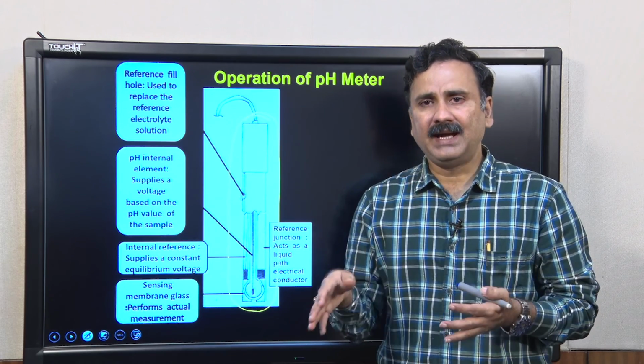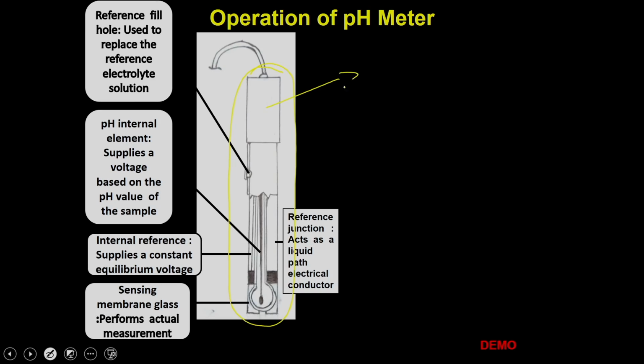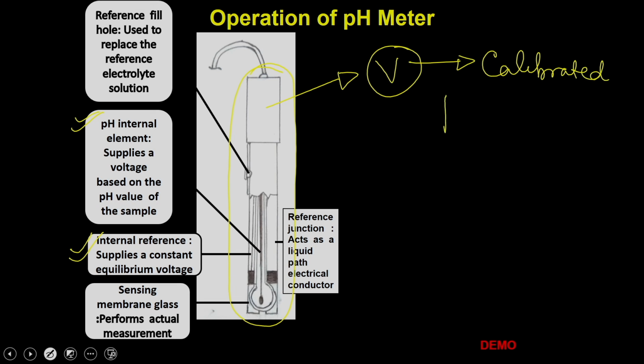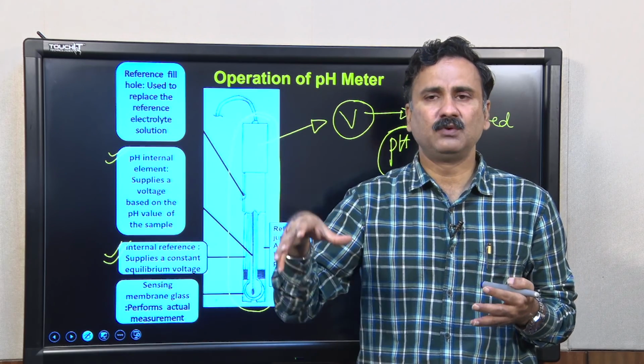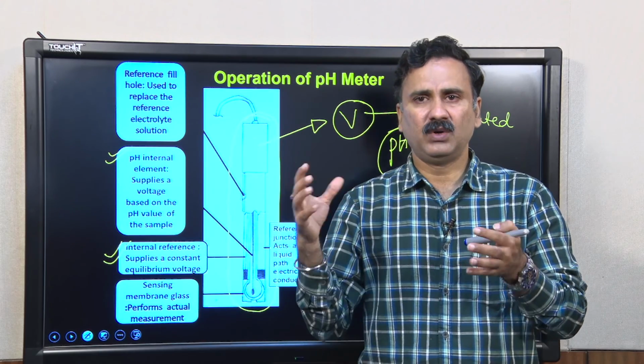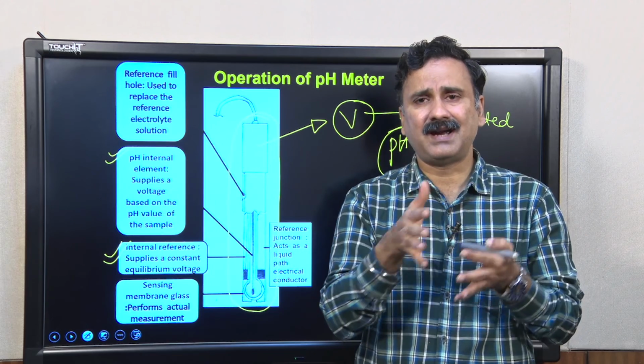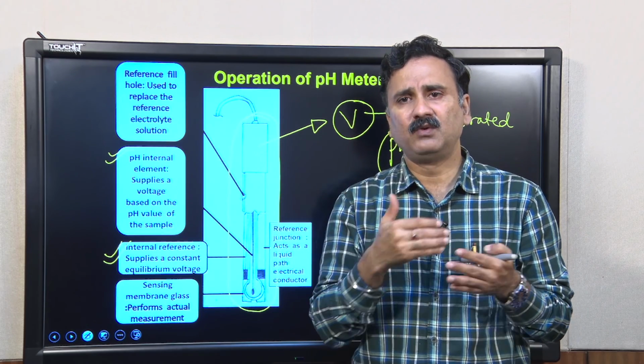But before doing that, because the pH electrode only knows the voltage difference between the internal electrode and the reference electrode, this voltage has to be calibrated with the help of different pH solutions, and only then will the pH electrode know what pH it is measuring. For that purpose, first you have to turn on the machine, dip it into the different standard pH solutions, and then measure.